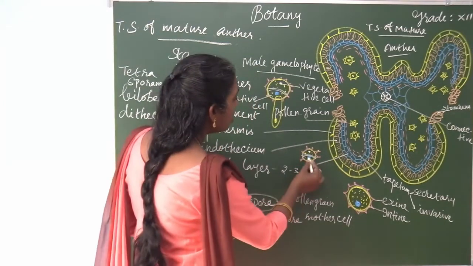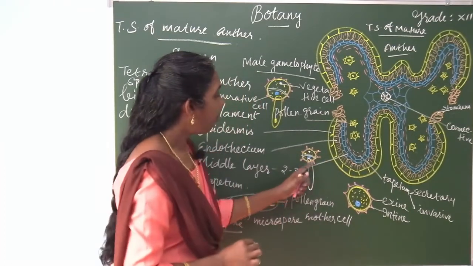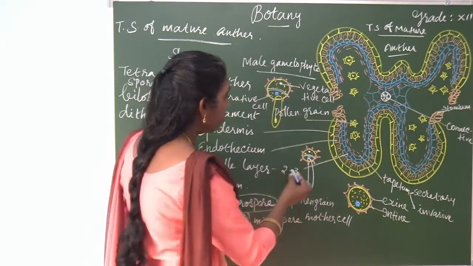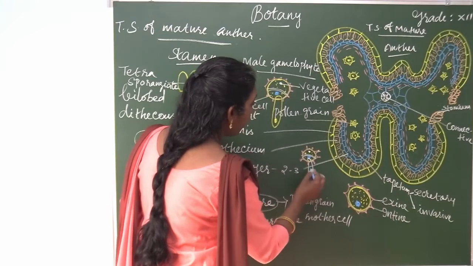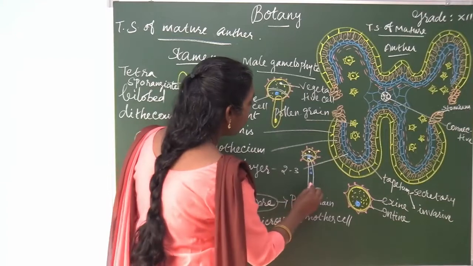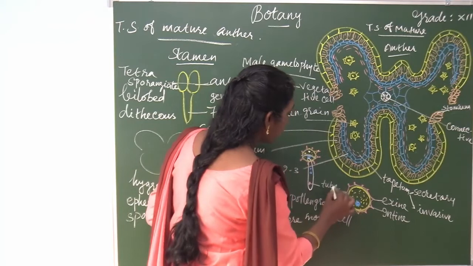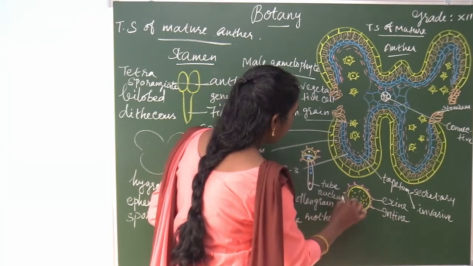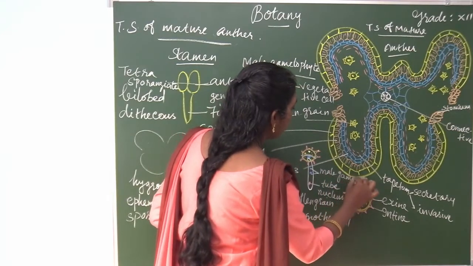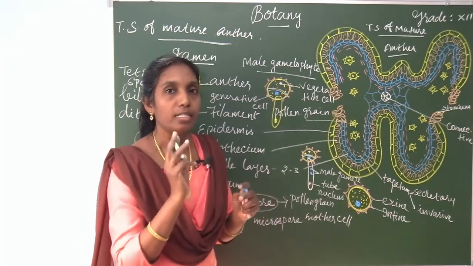In the next stage, this generative cell divides again and develops two male gametes. These are the two male gametes, and this is the tube nucleus. This stage is called the three-celled stage.